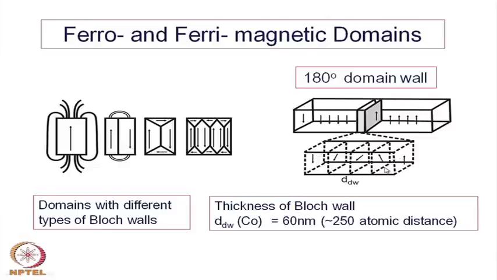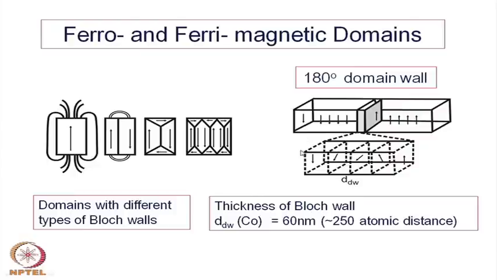So, there is a gradual changeover of the magnetic moments within the thickness of the domain wall. It is certainly not a sudden change, but a gradual change, and the thickness depends on many different parameters, many extrinsic parameters, and also the crystal structure, the lattice parameters, and of course, the kind of magnetizing ions it has.